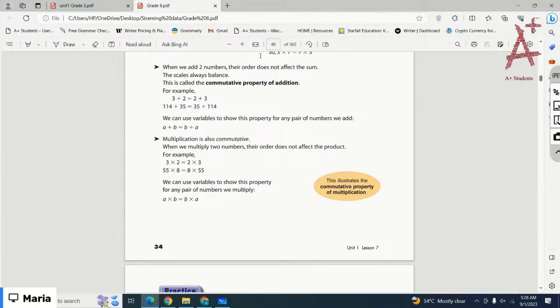3 plus 2 and 2 plus 3. So if you just change the order of the numbers, it doesn't matter. The answer would be the same. That would be the commutative property.